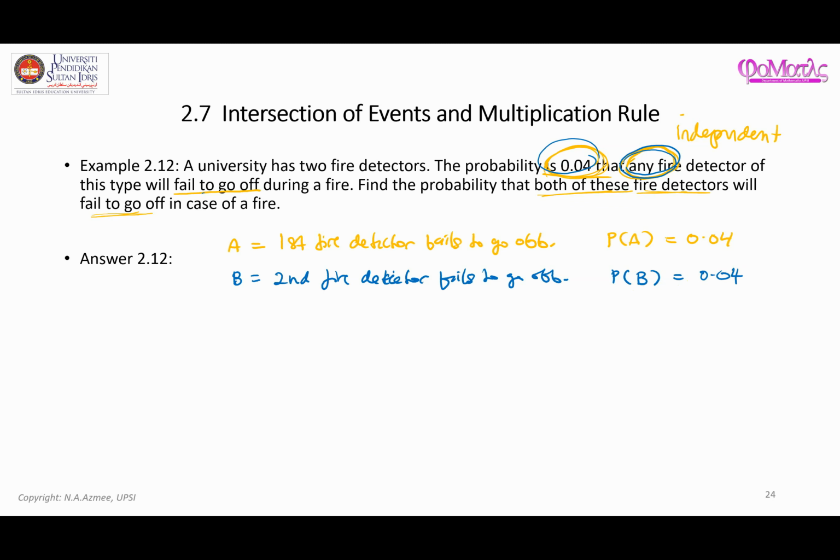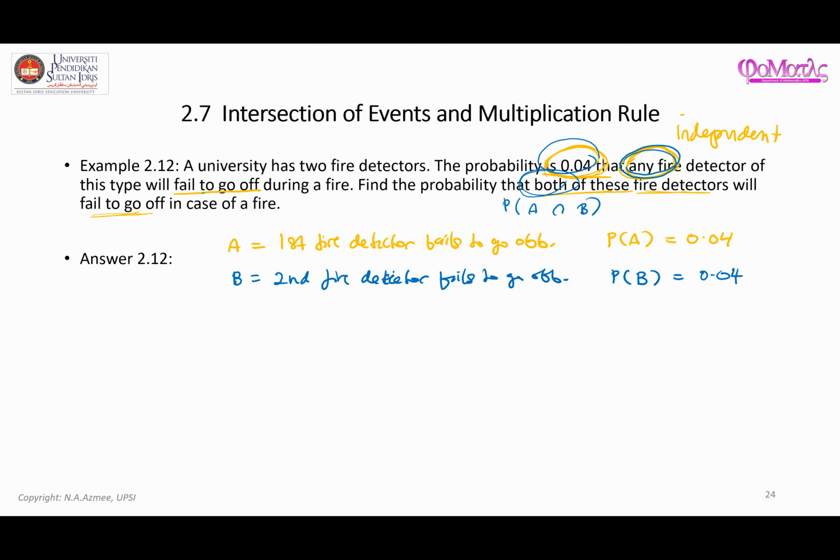Right now we can see that the question wants you to find the probability that both will fail to go off. So you're talking about the intersection problem, really. It is asking for the joint probability of A and B occurring together.